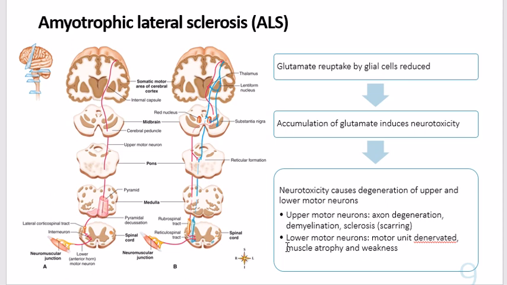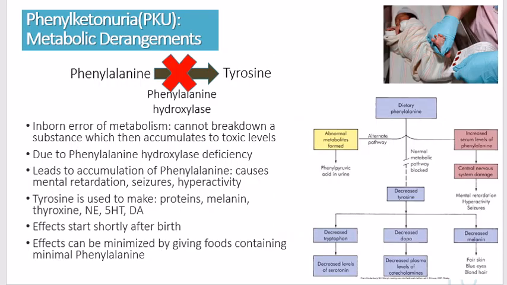In the lower motor neurons, the motor unit itself is denervated, and this leads to muscle atrophy and weakness, because obviously the skeletal muscles are not getting the nerve supply that they need to function. So what ends up happening really is that overall communication is initially diminished but eventually lost.